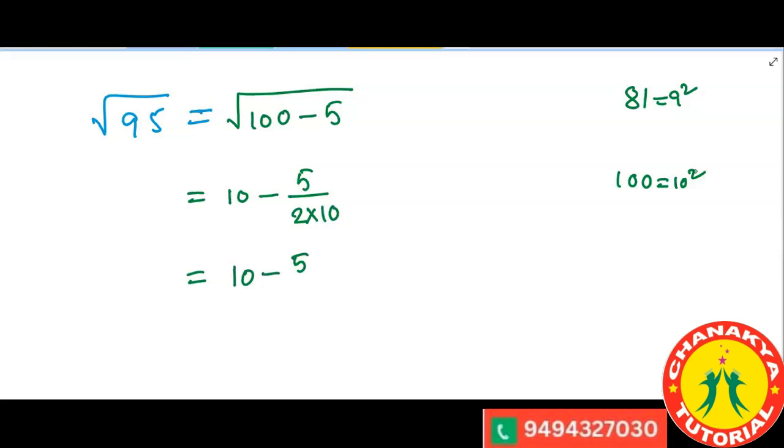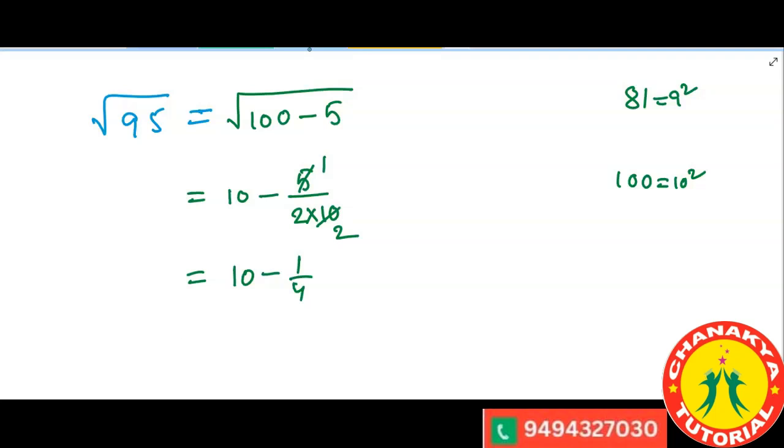If you simplify it, 5 goes 1 time in 5 and 4 times in 20, so it is 1 by 4, which is nothing but 0.25.